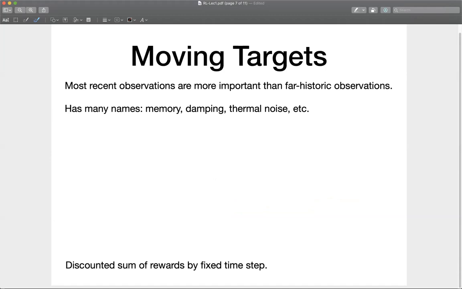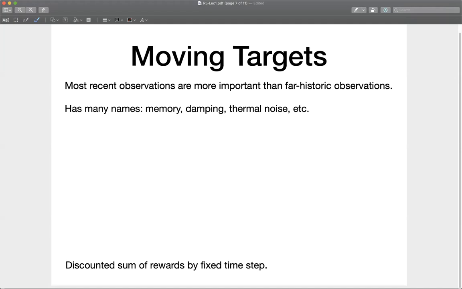This is a common trope in a lot of studies of dynamics, and it has many names: the memory of the system, damping, fluctuations from thermal noise like Boltzmann distributions, diffusion. In the limit where the damping is so heavy that none of the historic observations have any impact on the current observation except for the previous, then you're in the Markovian regime.